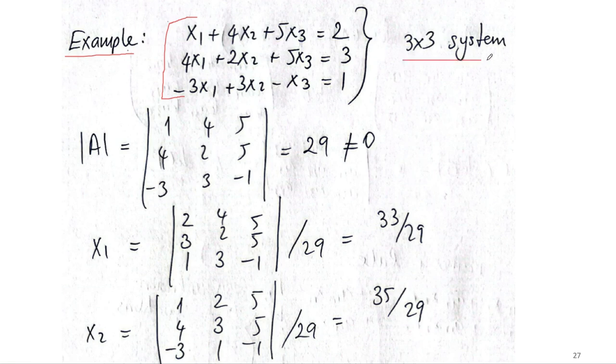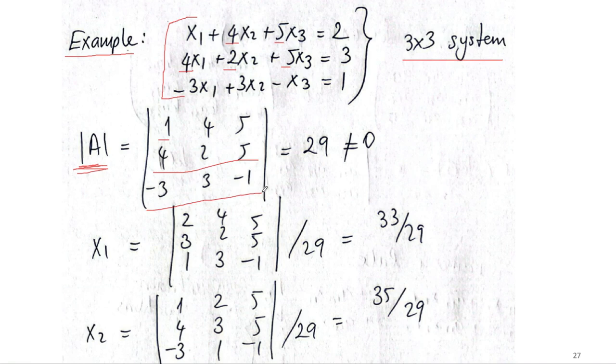First we calculate the determinant of the matrix of coefficients A. Remember how we write this matrix: the coefficients in front of x1, that is 1 here, and then 4, 5, 4, 2, 5, you go to the second row, and then the third row: minus 3, 3, and minus 1. So this is the coefficient matrix A, and you need to calculate the determinant of this A.